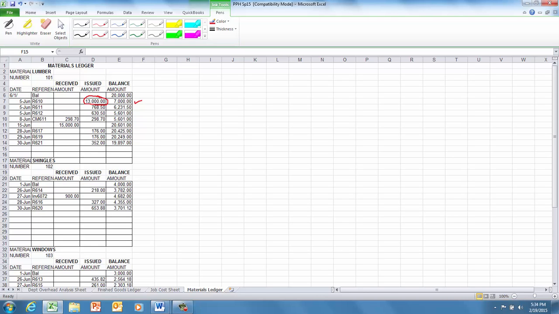There's the 15th of June. Here's my $15,000 on the received side. Okay, and so I did have 5601 of lumber, and now I bought another $15,000 that's come in, and so now I have $20,601 of lumber, my running total balance.